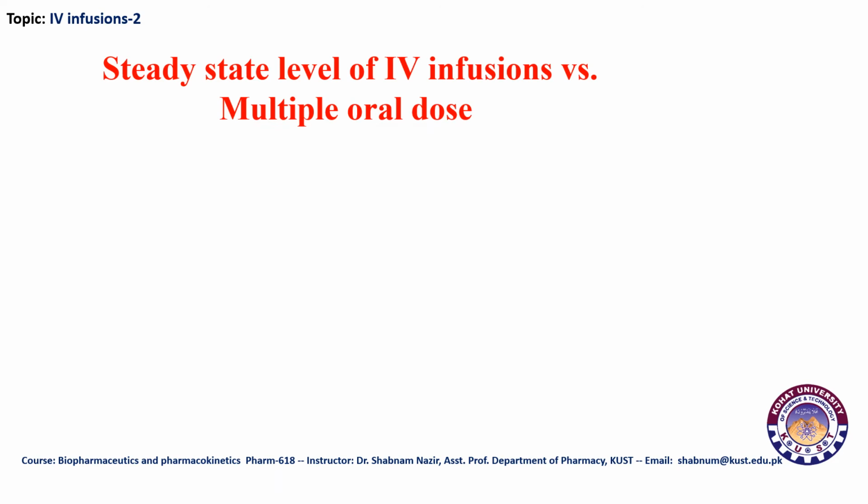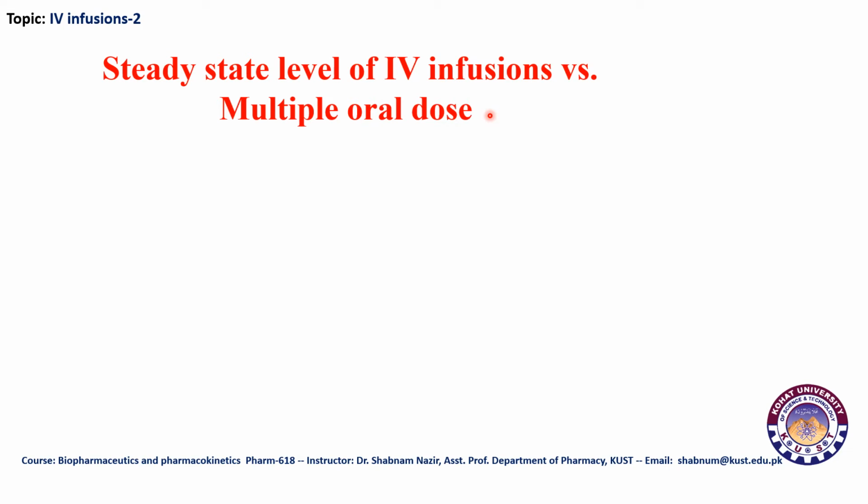So as we just discussed, the contrast between the steady state level attained by intravenous infusion and the multiple oral dose steady state level: in case of the multiple oral dose regimen, there is a fluctuation in the concentration.